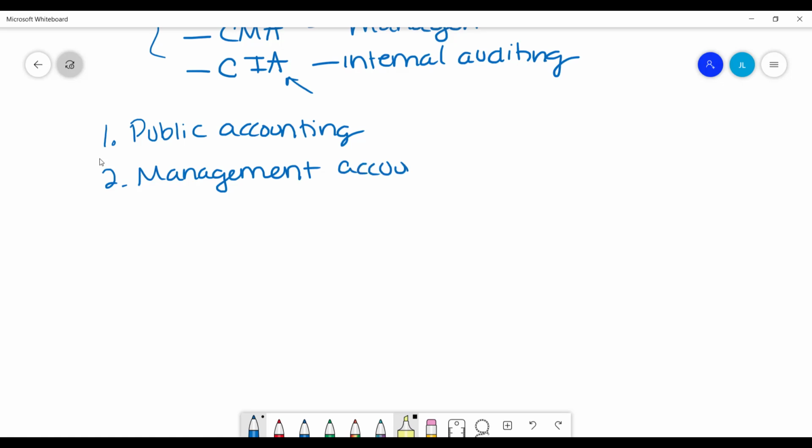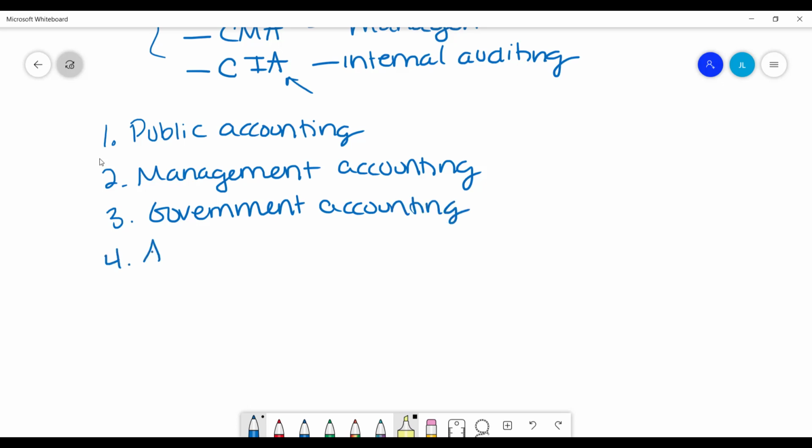You can decide to go into management accounting, which you'll learn more about in Accounting 4, government accounting, and then accounting education, which I actually decided to go into, okay? Seeing as I'm your instructor for this course, okay?